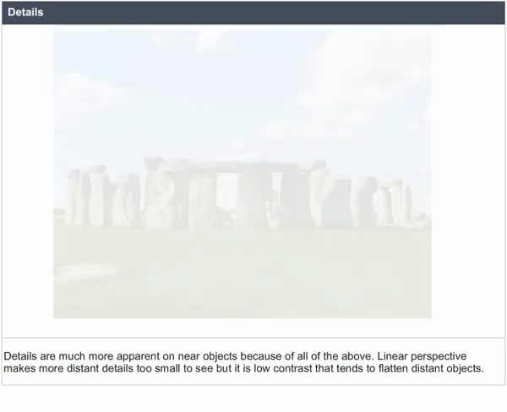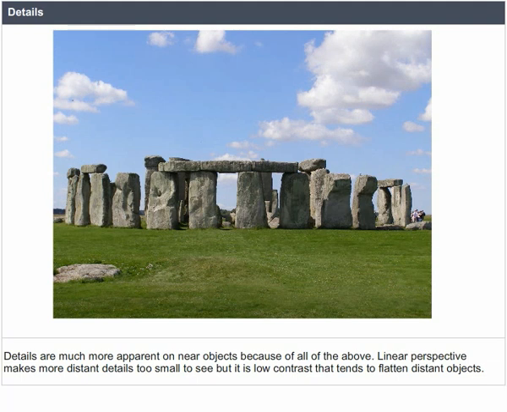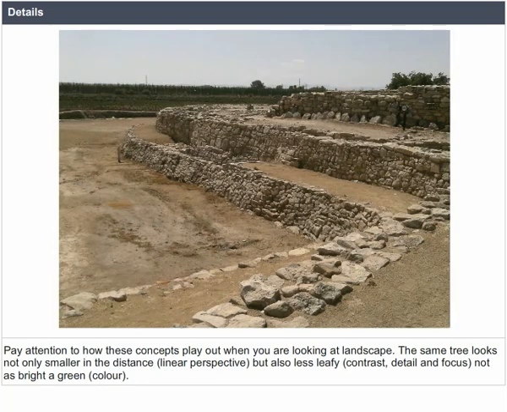Details. Details are much more apparent on near objects because of all the above. Linear perspective makes more distant details too small to see, but it is low contrast that tends to flatten distant objects. Pay attention to how these concepts play out when you are looking at a landscape.